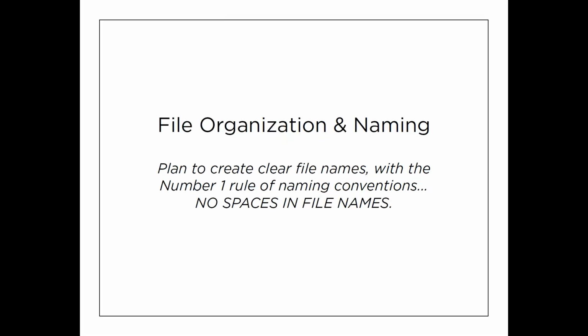File organization and naming. This is actually a very important element because to name a file, you have to include possible keywords in the file name. Also, no spaces; use either dashes or underscores for spaces. So file names actually become very, very important, especially when it comes to SEO, which we'll talk about in another video.